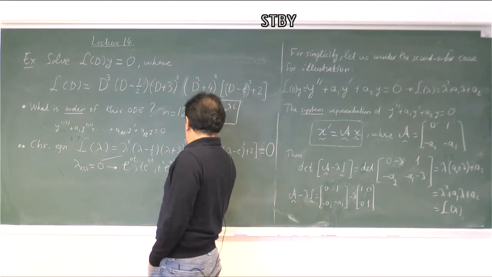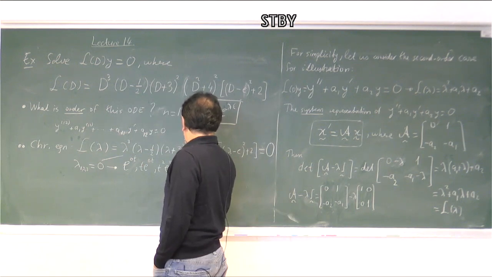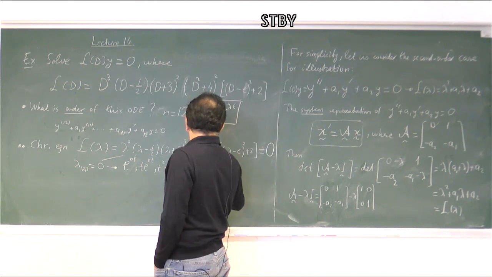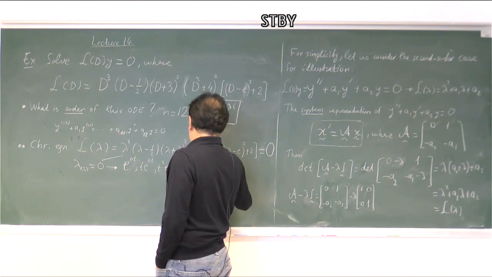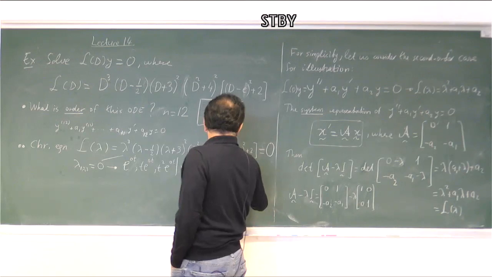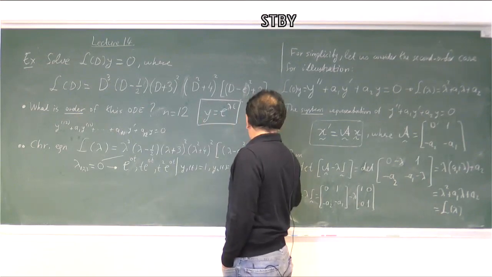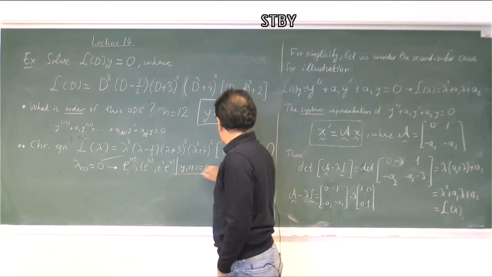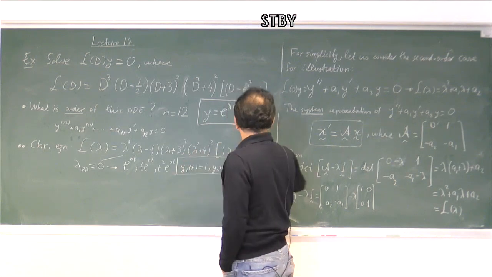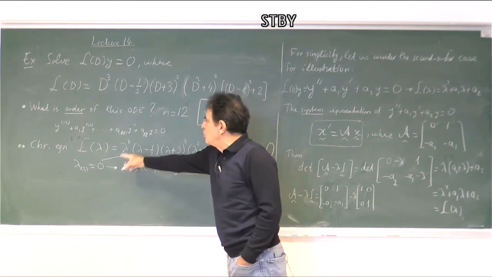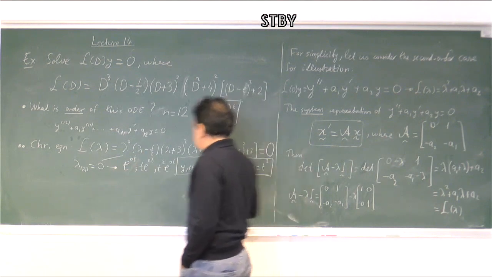Okay? So we generate y1 is 1, y2 is t, y3 is t squared. So 3 solutions corresponding to the root at 0 are given in this way.